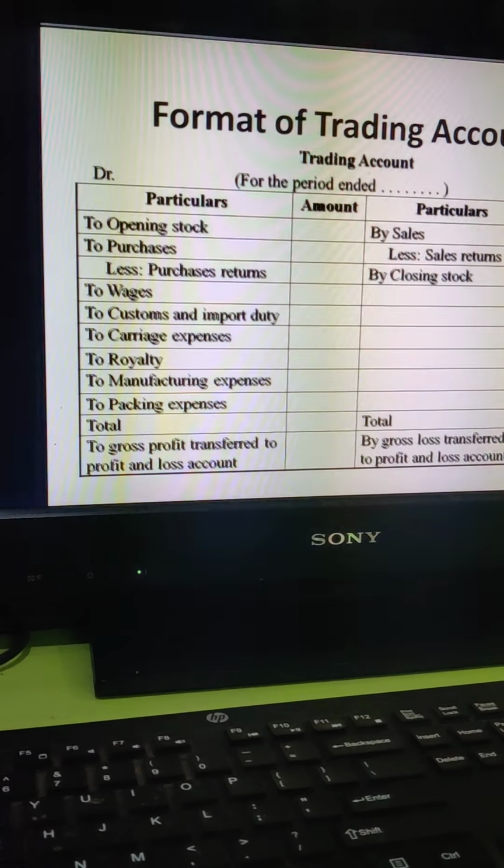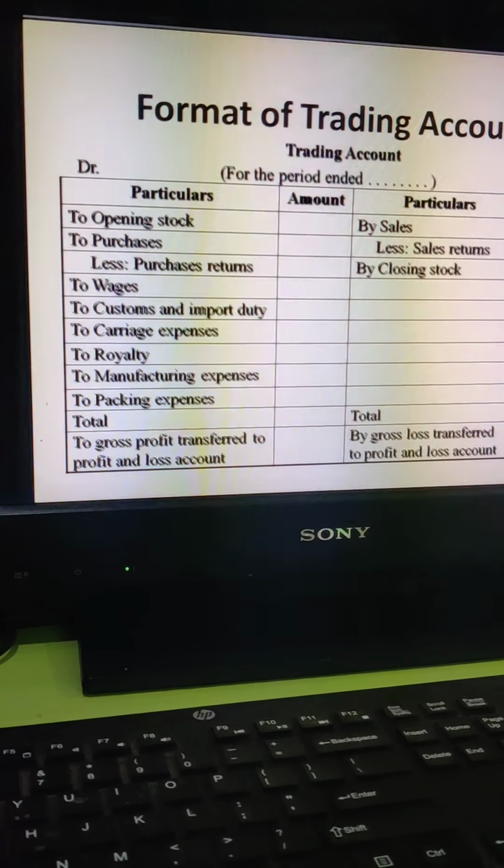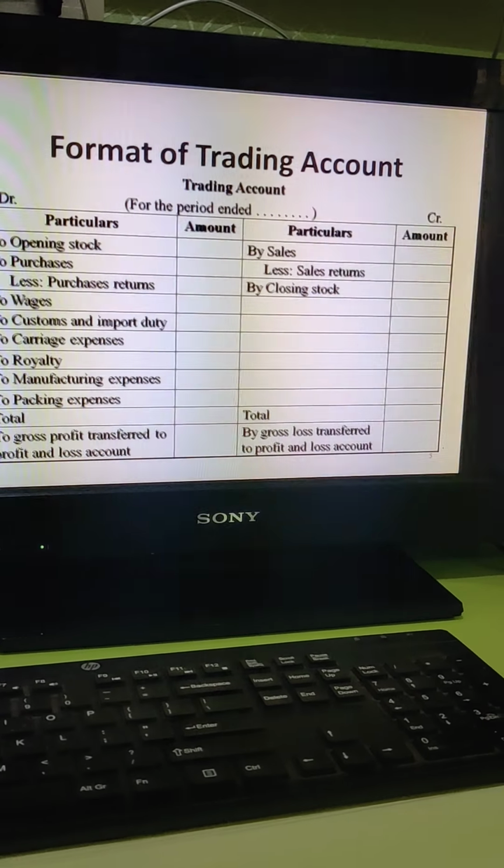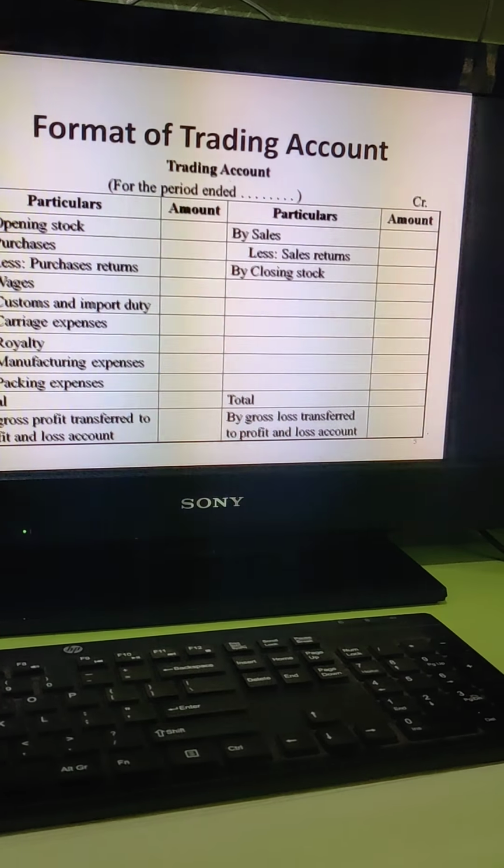And in another case, where the purchases side or the debit side exceeds the credit side, then you get a gross loss.